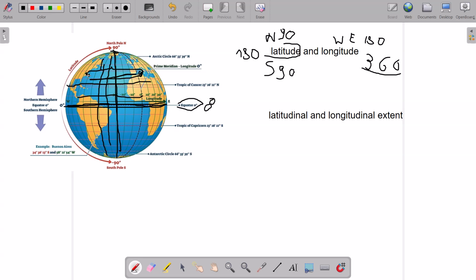They can be different points in east or west, but they can also be situated on different hemispheres. So for such points, we will have to show what's the extent in latitude and what's the extent in longitude. And in order to do so, we can do a simple calculation.